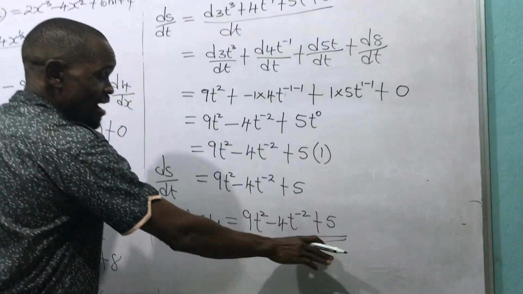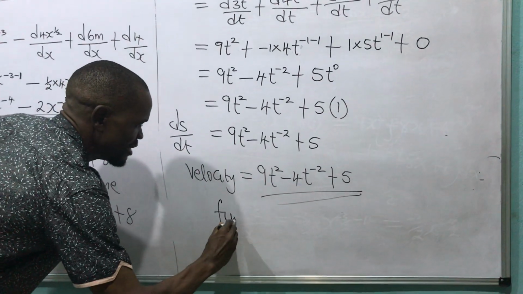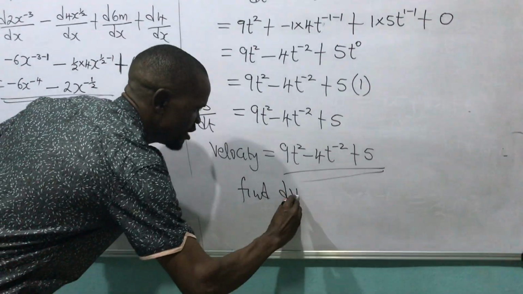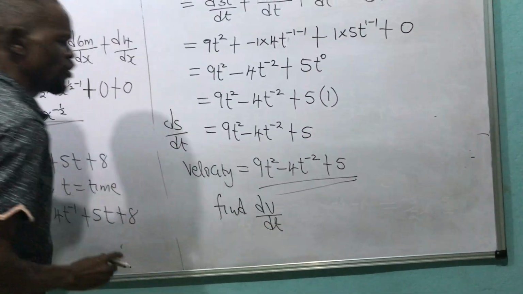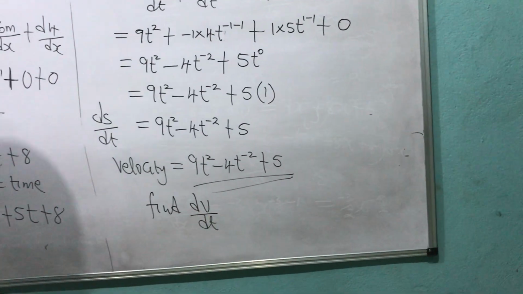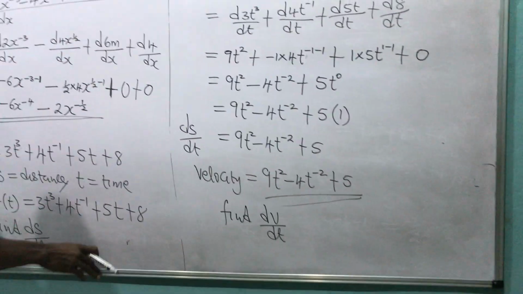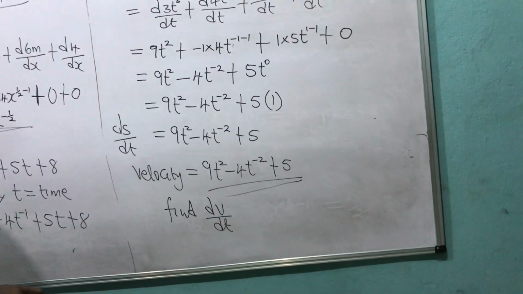Then if I differentiate this again, I will have acceleration. If I'm now asked to find dv/dt, what does it mean? I should differentiate this velocity with respect to t. And when I do that, it will give me what? Acceleration. Let us look at this place.